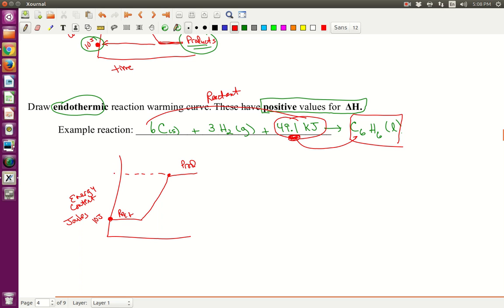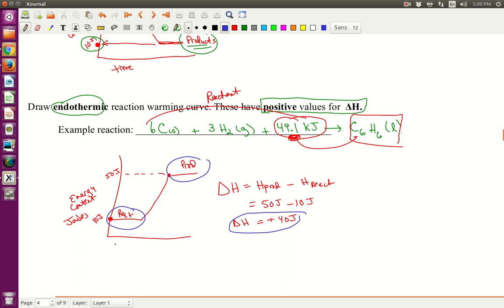Maybe the products up here are 50 joules, because that's higher. If I wanted to calculate the delta H, it would be the heat of the products minus the heat of the reactants. So in this case, it would be 50 joules minus 10 joules, which gives me a positive 40 joules.